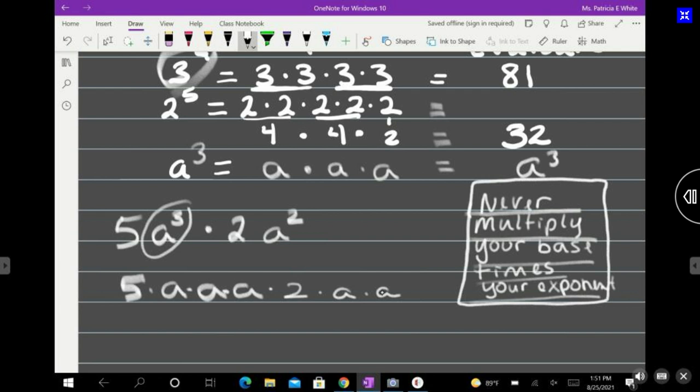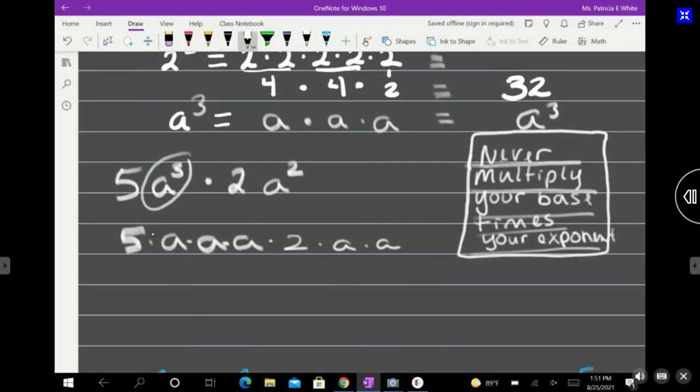So I'm going to rearrange these. We're on our evaluating step now. So whatever math I can do, I need to do. What math could I do up here? I can change the order. So I can do 5 times 2. What does that give me? 10.